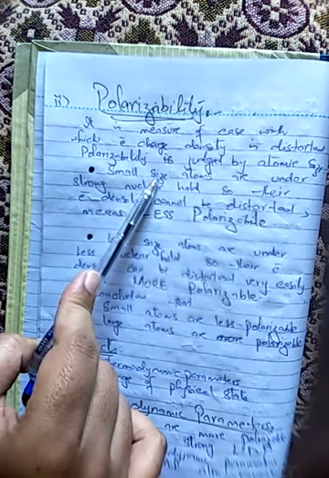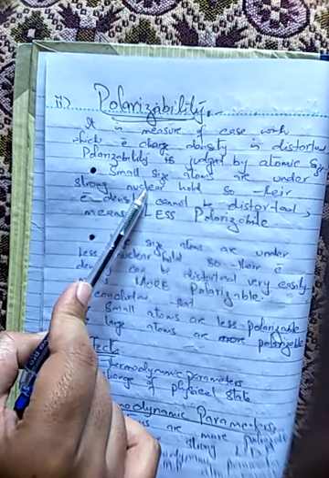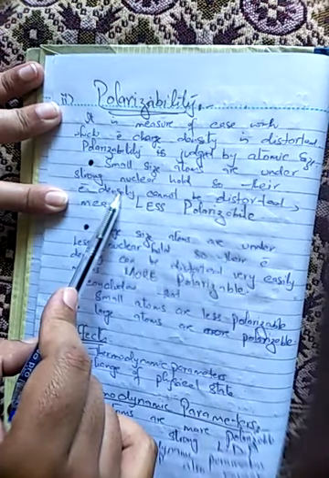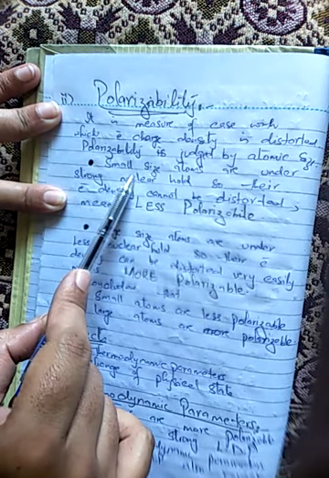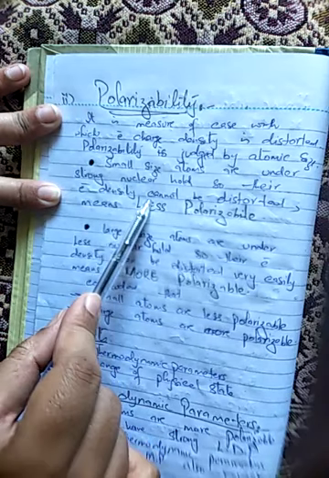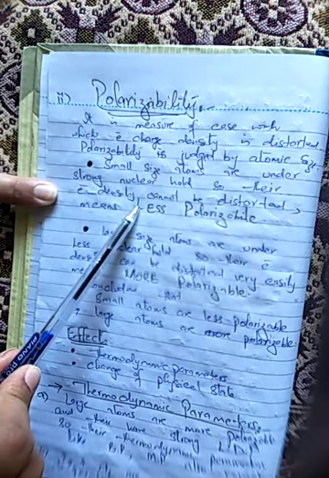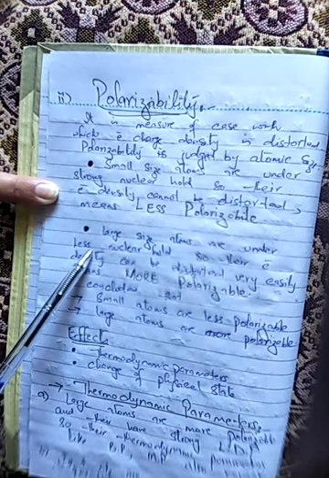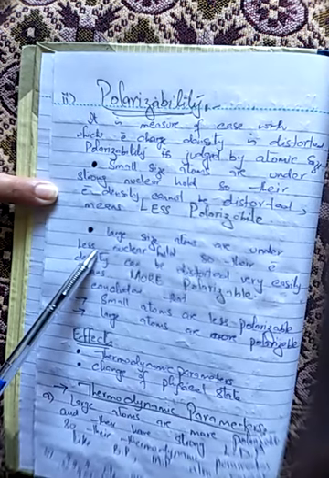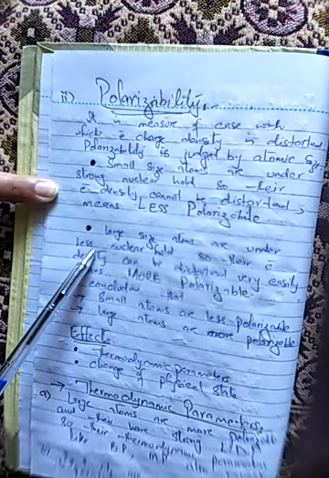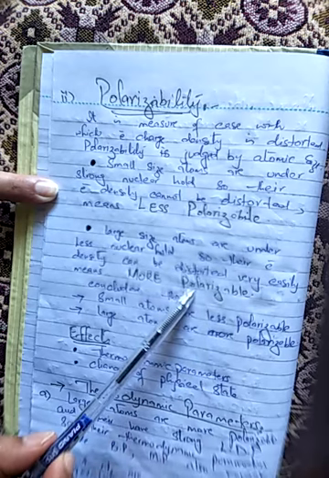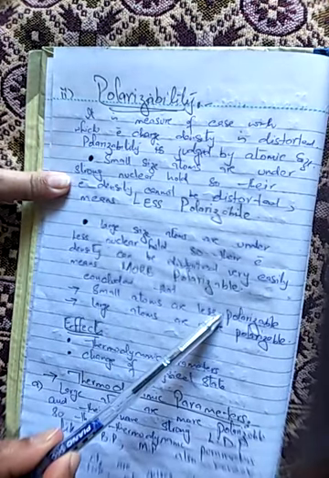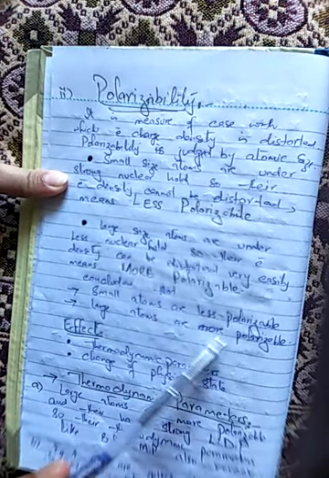Small atoms are under strong nuclear hold, so their electron density cannot be distorted, which means they are less polarizable. Large atoms are under less nuclear hold because their size is so large that the nucleus cannot hold the outermost electronic shells. They can easily distort it, which means they are more polarizable. We can conclude that small atoms are less polarizable and large atoms are more polarizable.